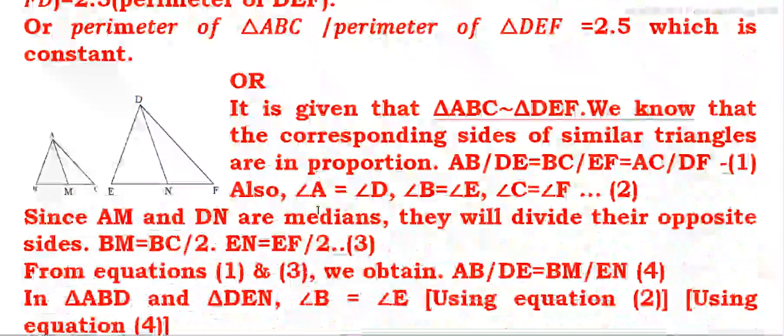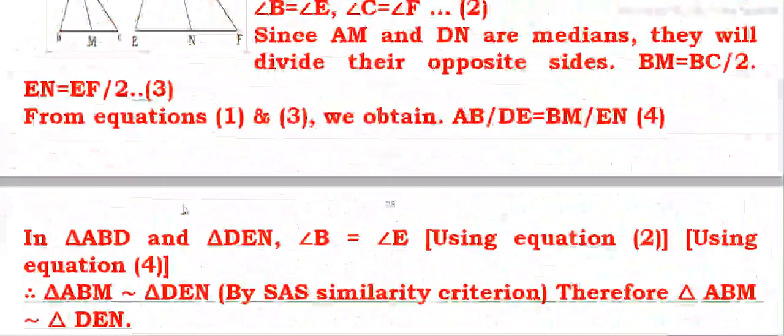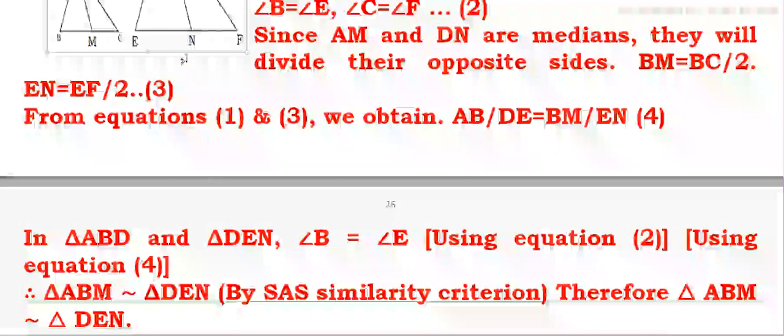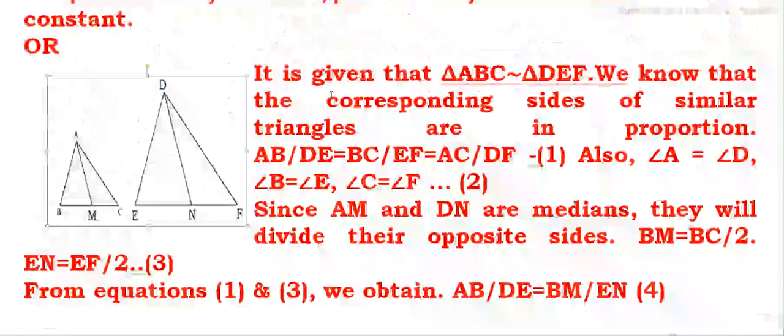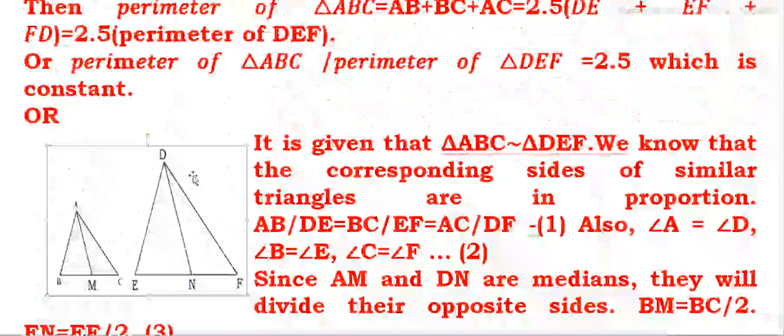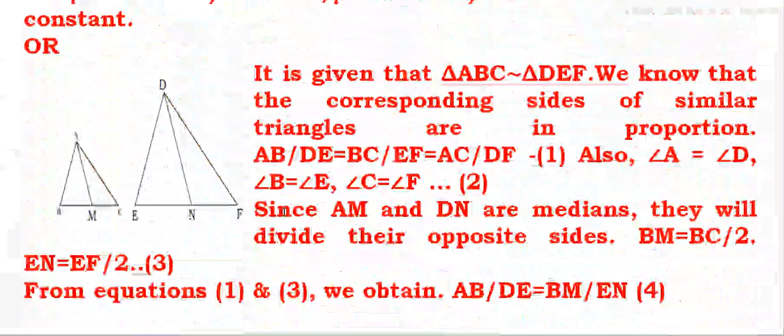Or ABC similar to DEF, here it is given that triangle ABC is similar to DEF and we have to show that ABM is similar to DEN, where AM and DN are medians.